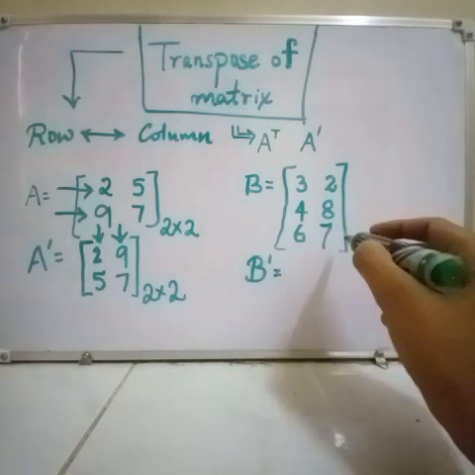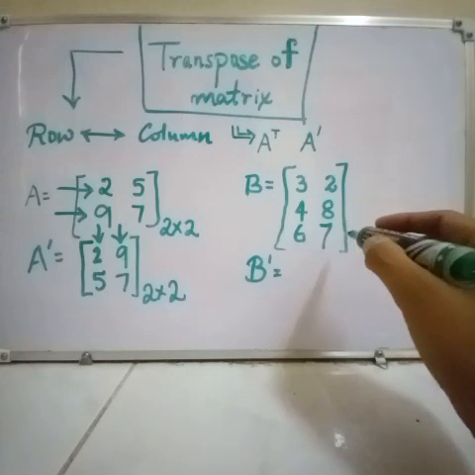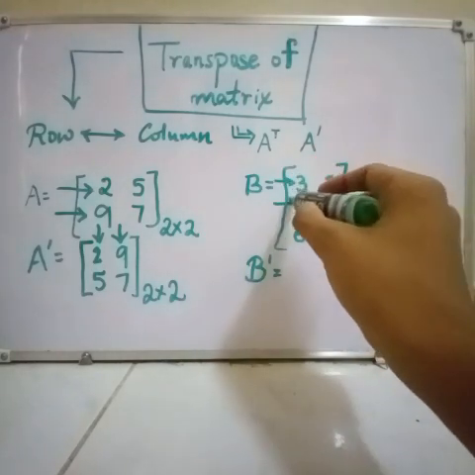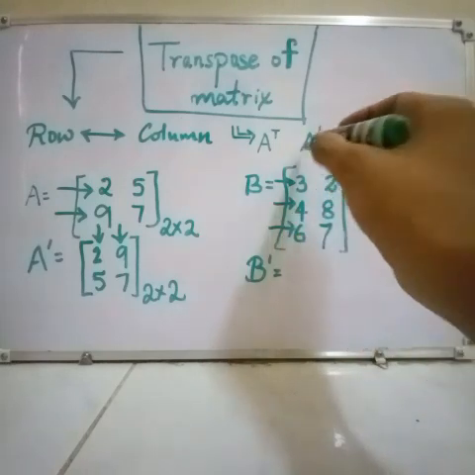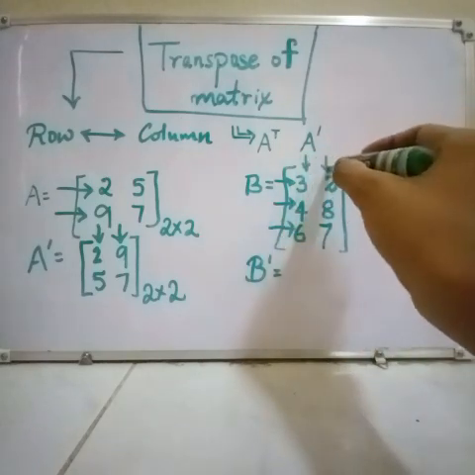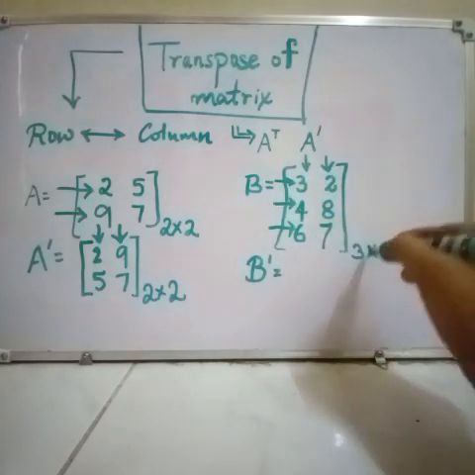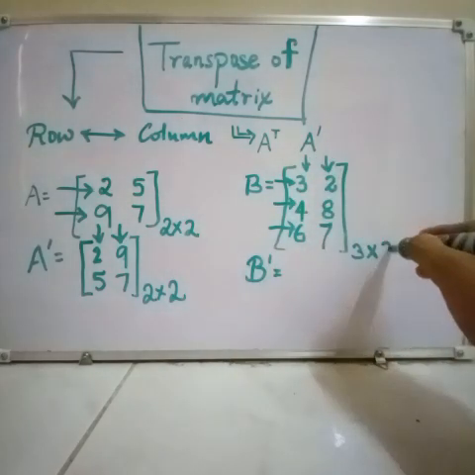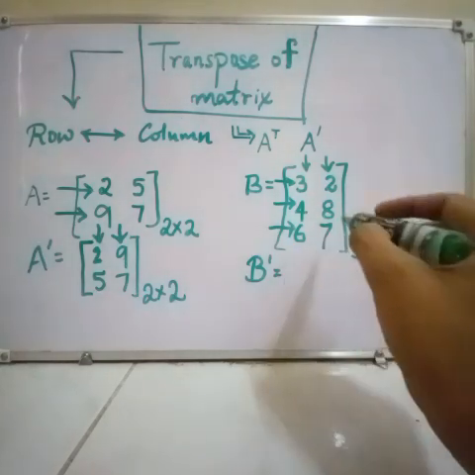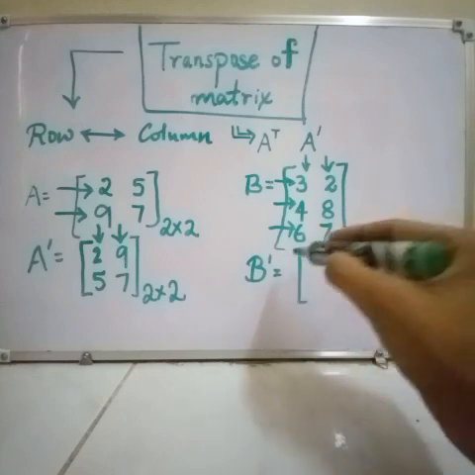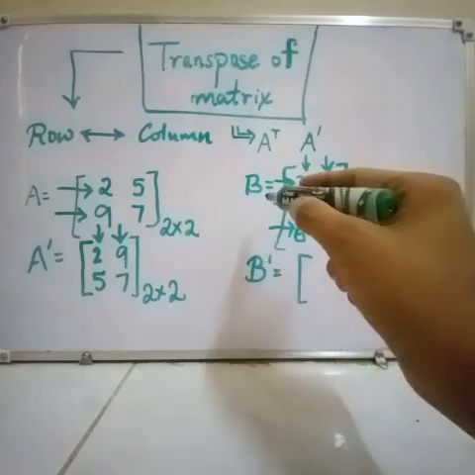Here we have another matrix B. It is of the order, here we have 3 rows and 2 columns. So it is a 3 rows by 2 columns matrix. Now whatever is there in the row, we have to shift it to the column to get the transpose of the matrix.